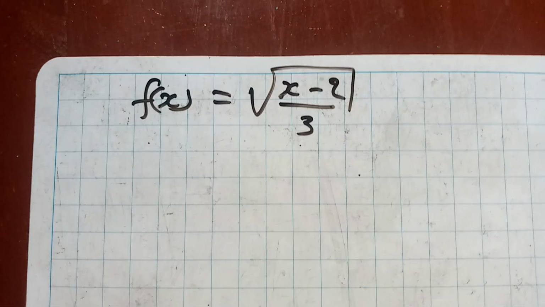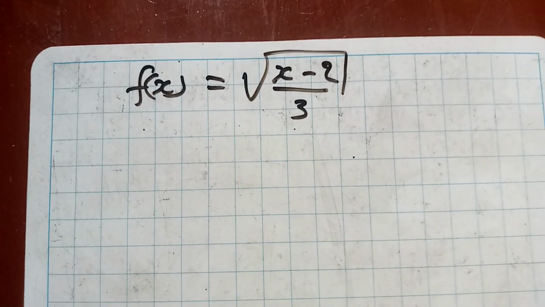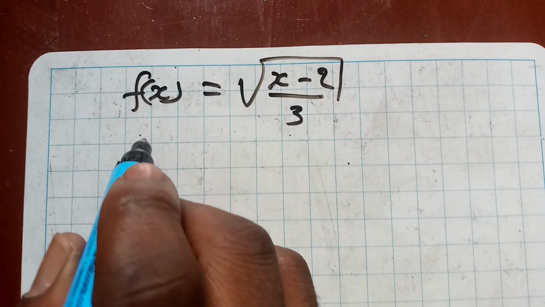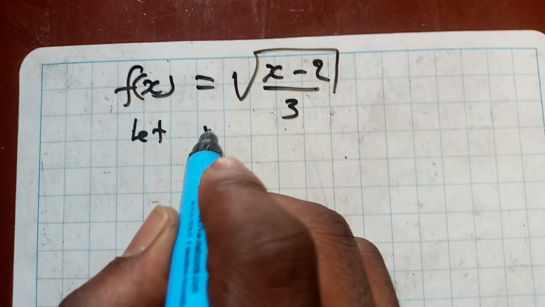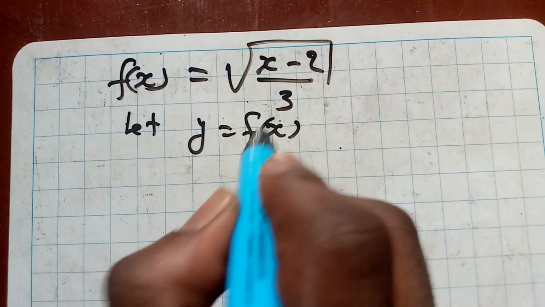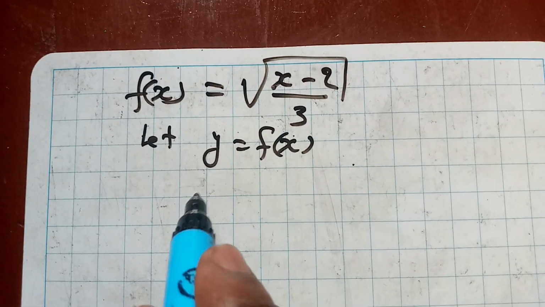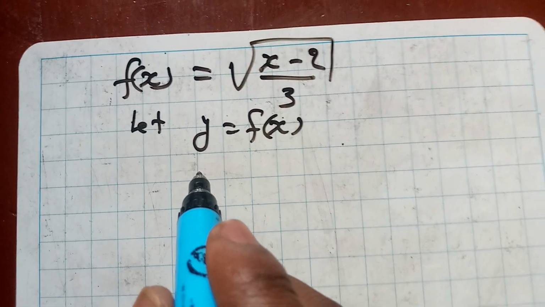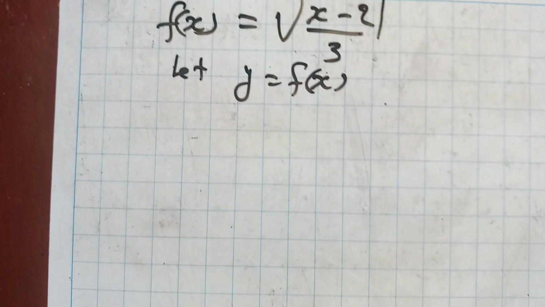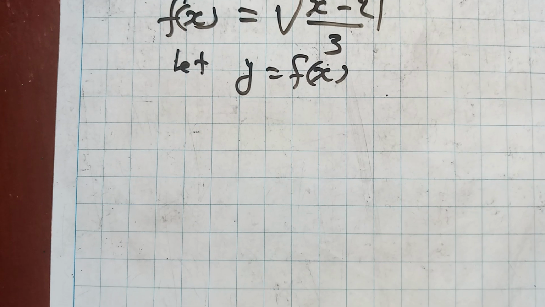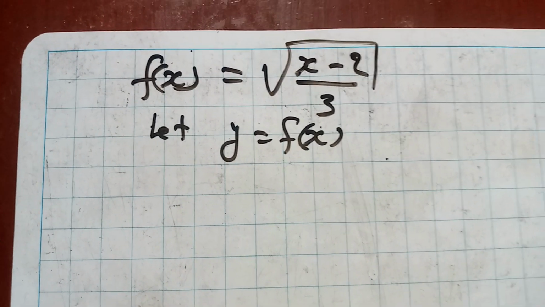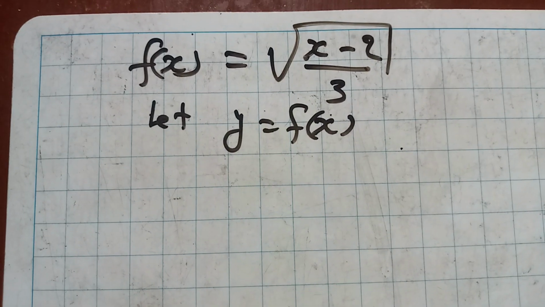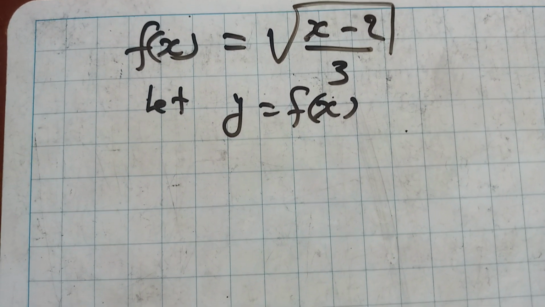Also you do as we did in the first example: write y equal to f of x. After writing y equal to f of x, we write the function in terms of y.